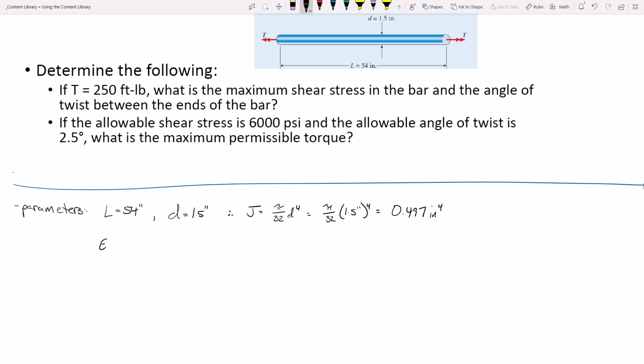Now, we were also given E, and Poisson's ratio is that. So this is also the new one.